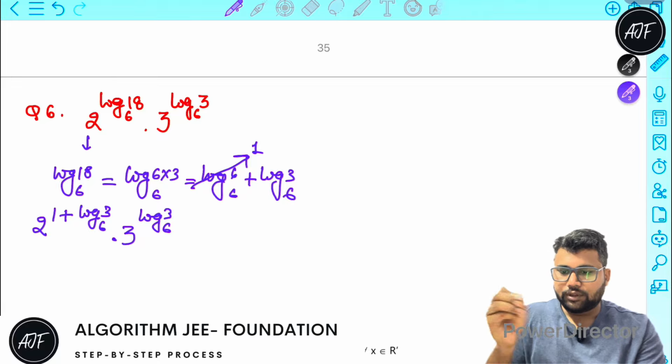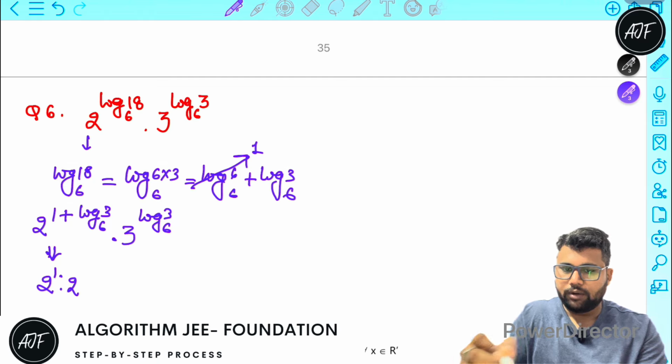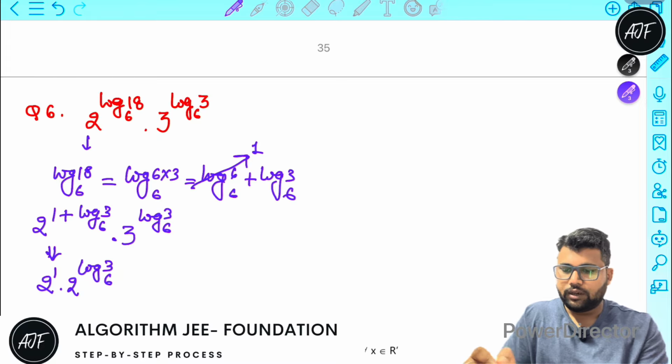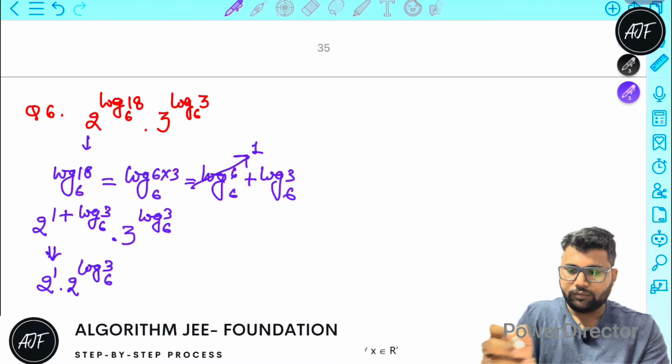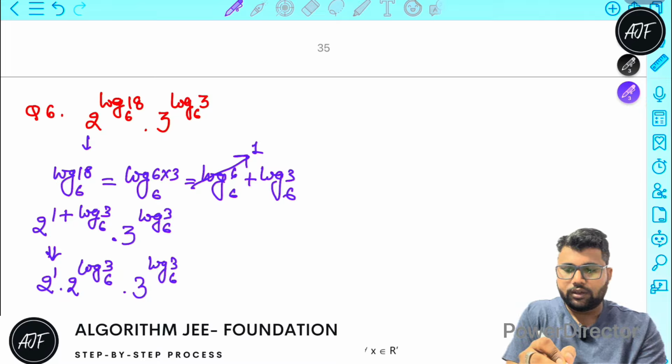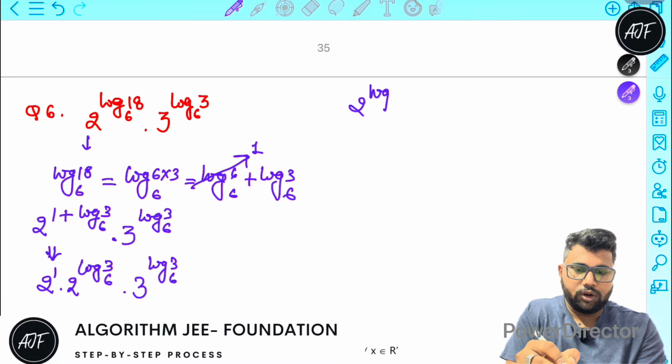Again, this one is 2 power 1 into 2 power log 3 base 6, yes or no. And in this one, after that, 3 power log 3 base 6. So can you apply this property?